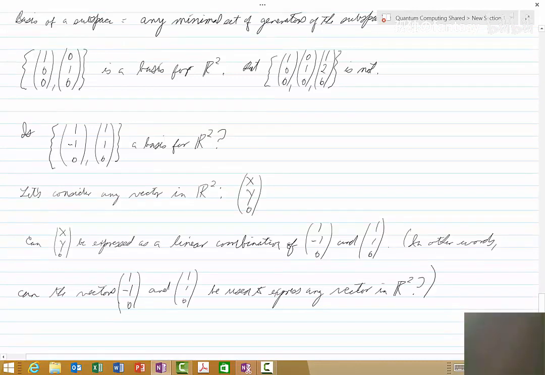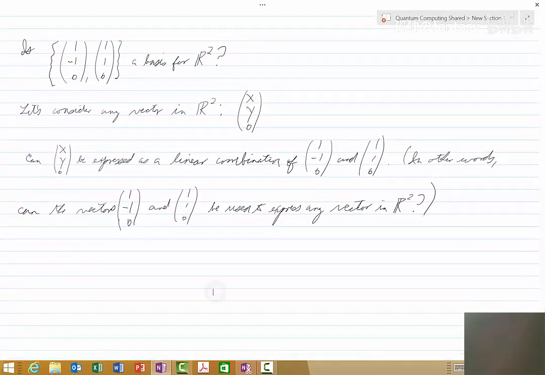That's what we're asking here. Okay, so let's see. X, Y, 0. We're going to try it out. We'll hope that it works, and we'll see. We'll suppose that it's equal to alpha times 1, -1, 0 plus beta times 1, 1, 0. Now we have to find out if there is an alpha and a beta that would work.